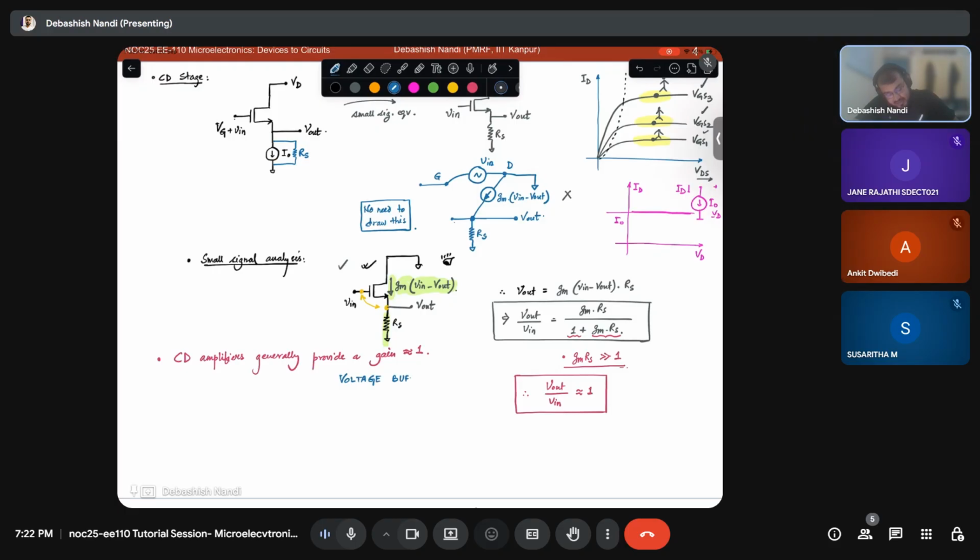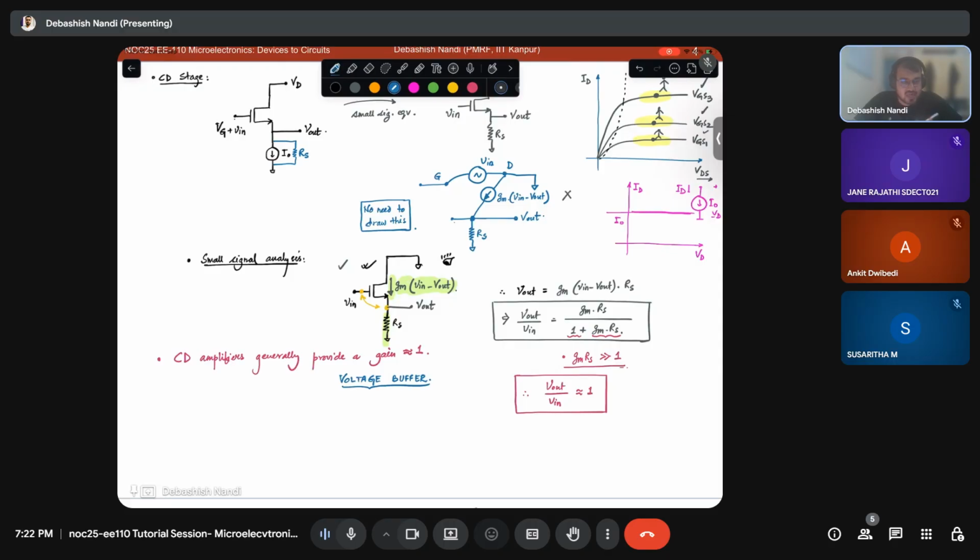And I think I have discussed why voltage buffers are used: to avoid loading effects in circuits, and impedance matching as well. So these voltage buffers will be used extensively in the next lecture.